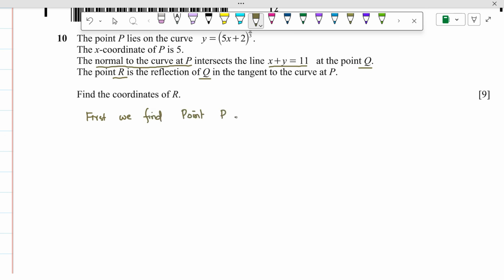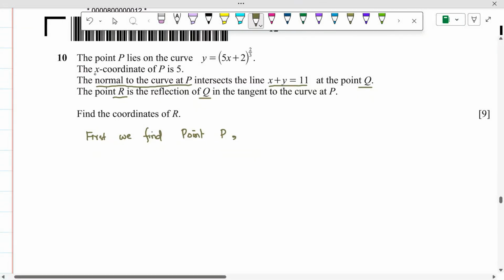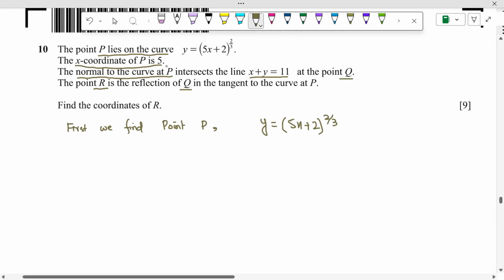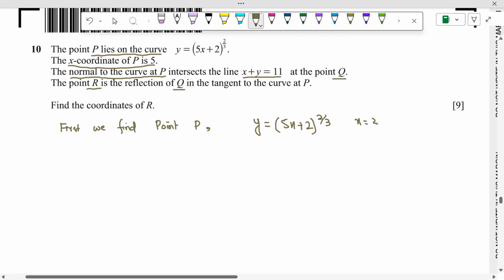point P. The x coordinate of the point P is given, which is 5, and P lies on the curve. So y is equal to (5x plus 2) to the power 2 by 3, and the x coordinate is given, so x is equal to 5.